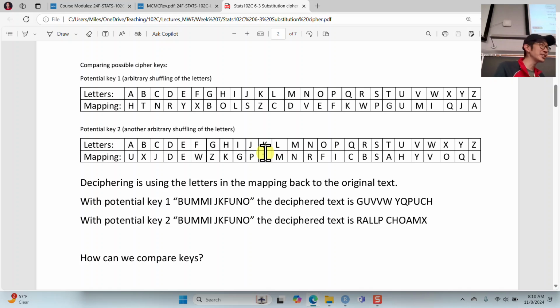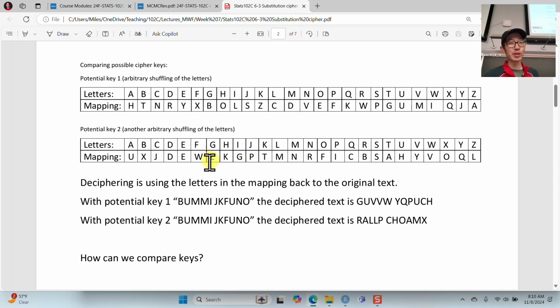So you take the letters BUMMI JKFUNO and plug it into this thing, and you say, okay, the B turns into a G, the U turns into a U, the M turns into a V, and the I turns into a W.